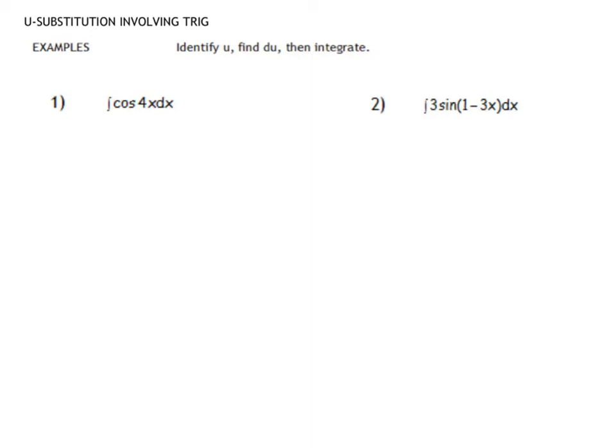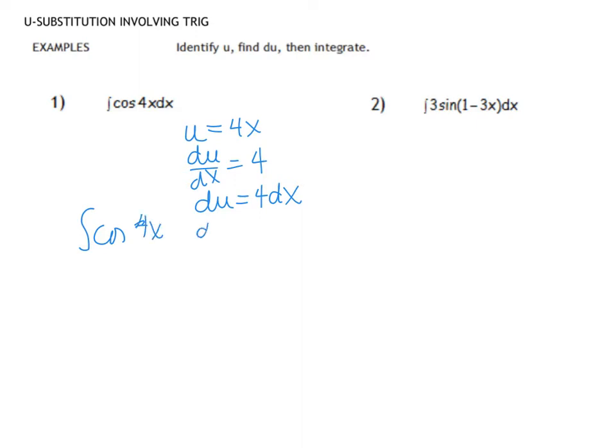So on this first one, number 1, cosine 4x dx, we know that U is going to be 4x. du dx is 4, so du is going to be 4 dx. All right, so if we rewrite this, we have cosine 4x dx, and so we know we need a 4 and a 1/4.